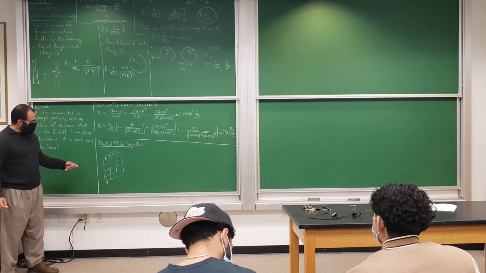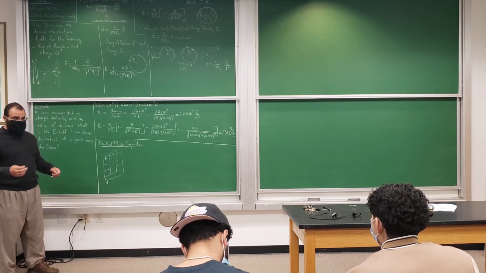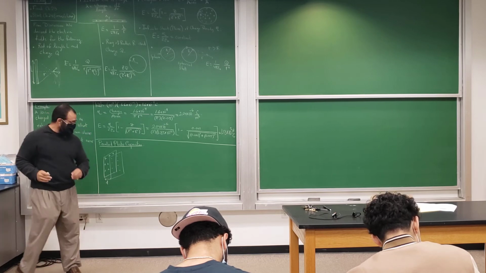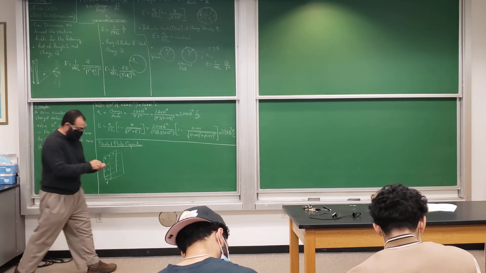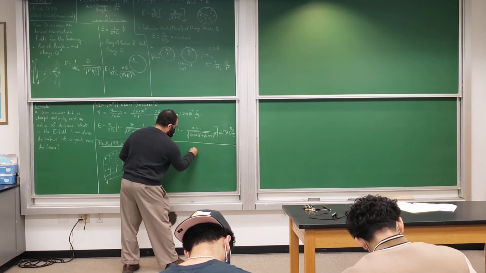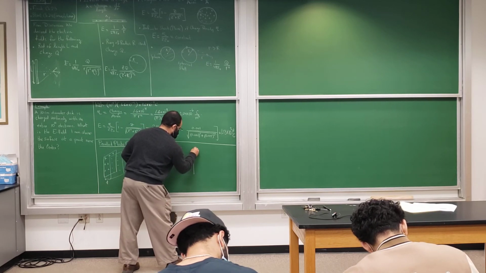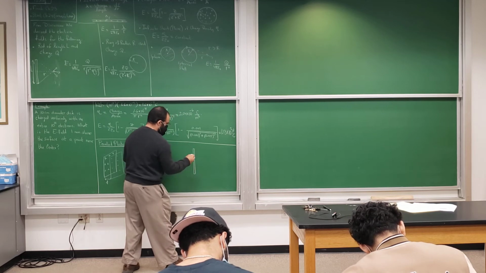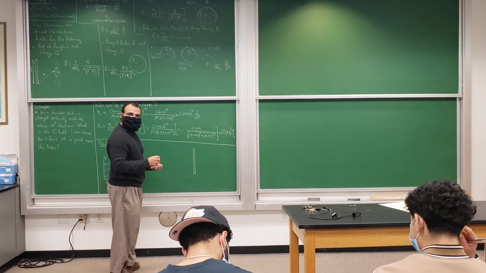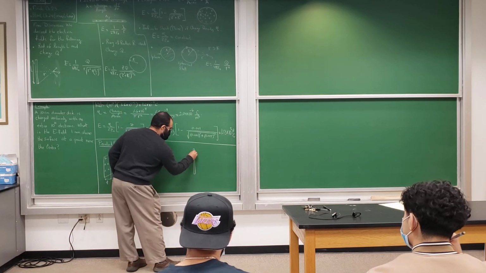So that's how they look when I attempt to draw them in 3D. But from now on, I'm going to just look at a side view of them. So you have two sheets and you're looking at them on the side. So here is the first sheet, and let's say it is positively charged. Red is positive, okay.